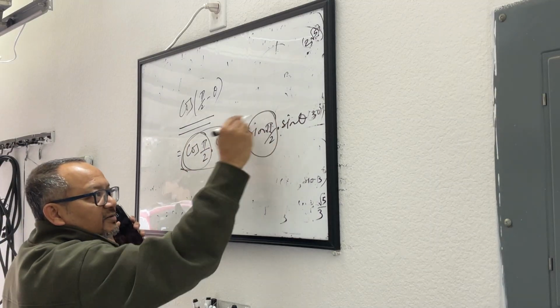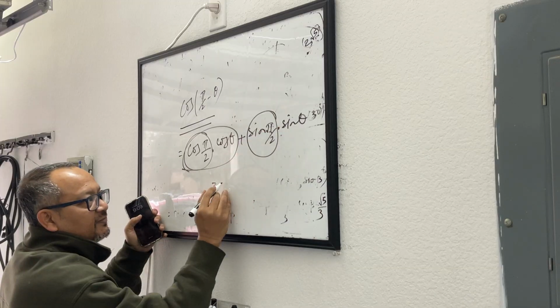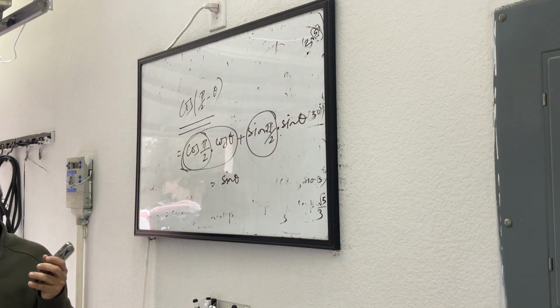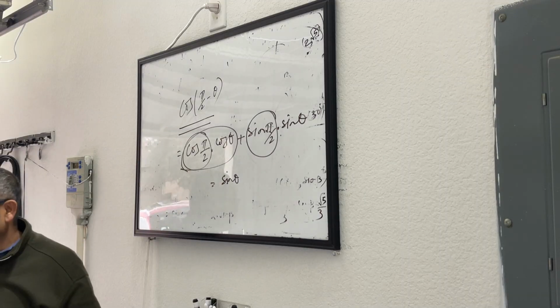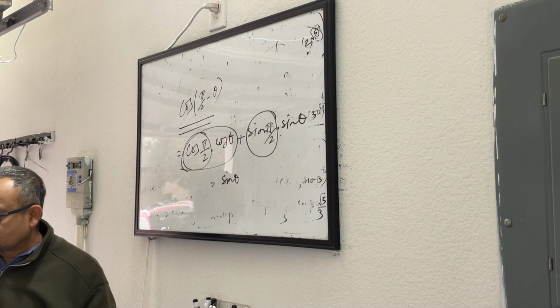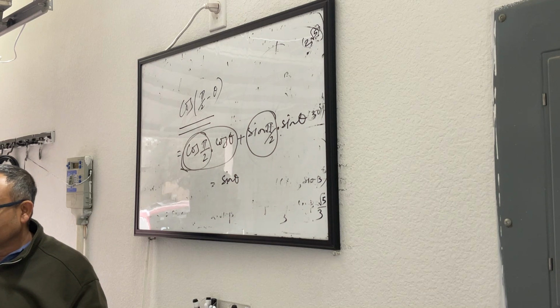The other is 1, so you are left with sin of theta times 1. This is also called the theorem of complementary angles. Remember?